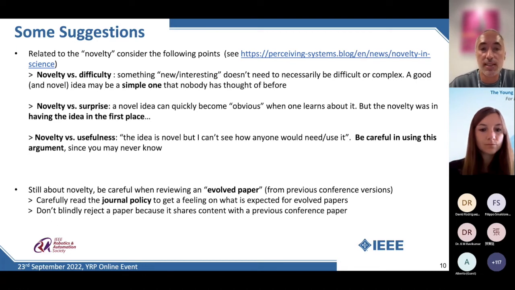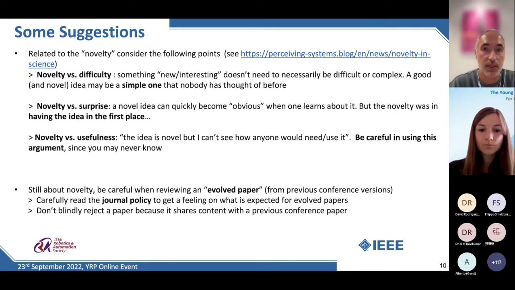In those cases, you should read very carefully the policy of the journal, because the fact that the paper is an evolved paper means that the authors have the right to have parts of the conference paper in the journal paper, even by copy-pasting them, with the same text and same figures.